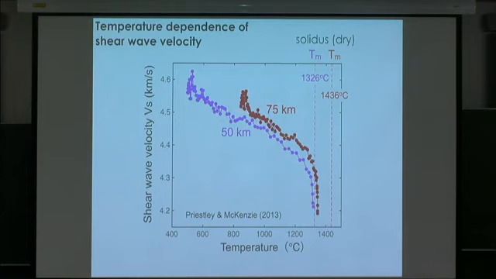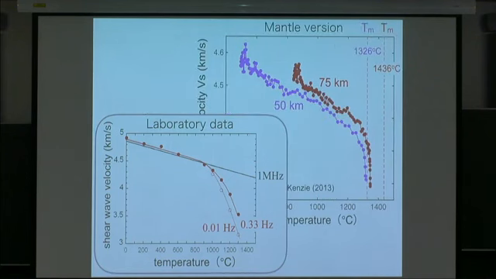And this curve is similar to the laboratory data which I showed in the introduction. In this data, this linear part shows the unrelaxed velocity determined by the intrinsic elasticity of the mineral, which is relatively well known. And the further reduction at high temperature shows an anelastic effect, which is unknown and our present concern.